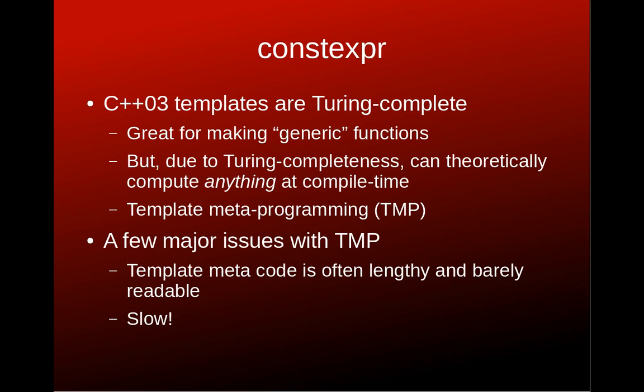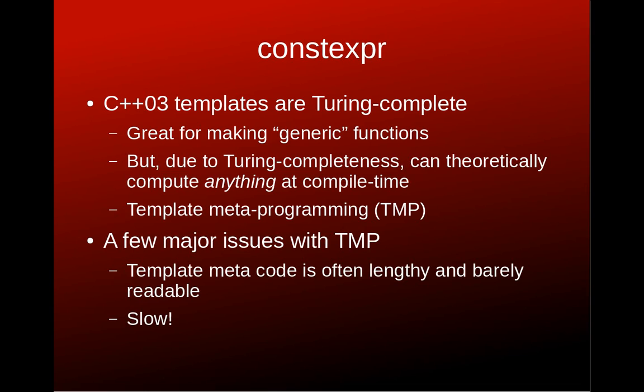Template metaprogramming is what the realization that templates are Turing complete gave rise to. It's very useful, but there are a few issues with it. I'd love to show an example of some template metacode here on the slide. However, one of the main problems with template metacode is that it's really long. It's often very lengthy and incredibly hard to read. So I encourage you to go look up an example of it.